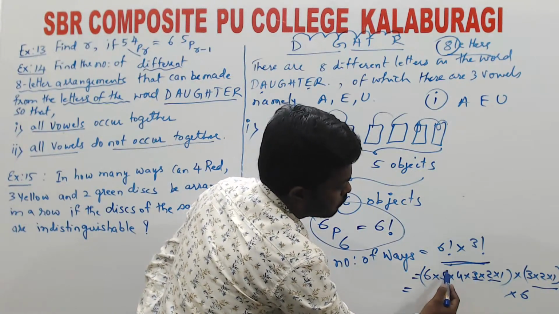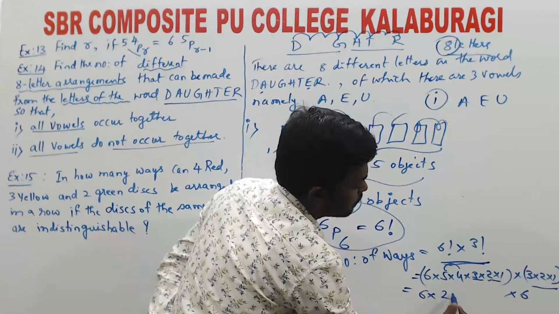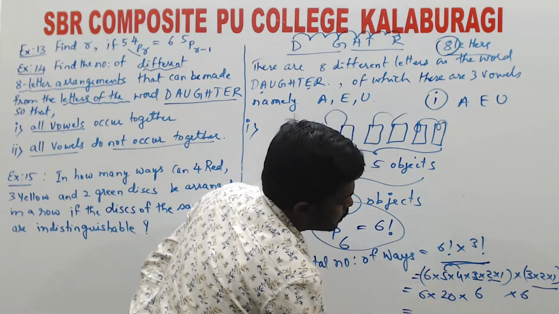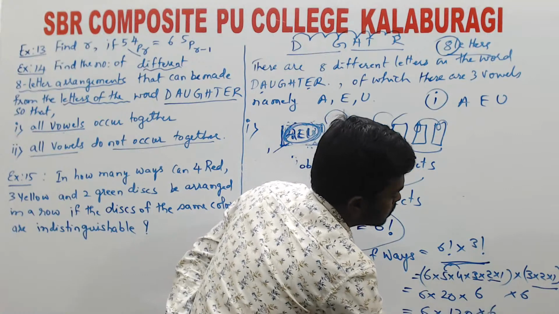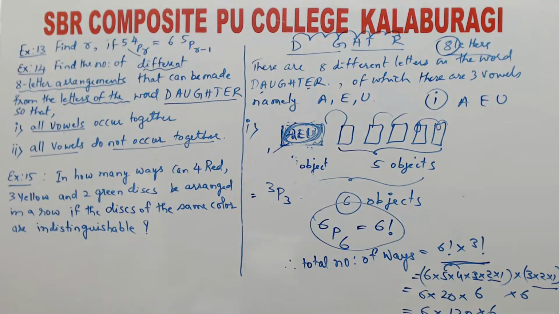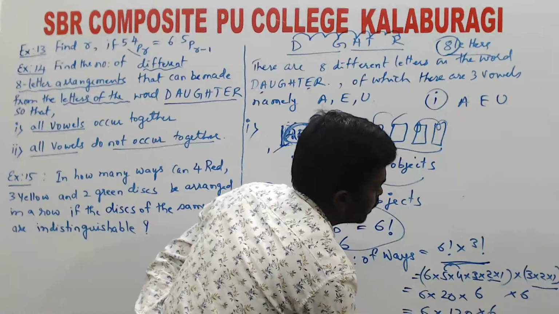So 5 fours are 20. 6 into 5 fours are 20 into 3 twos are 6, right? So 6 into 120 into 6. So simplify and see what will be the answer. The answer will be 4320. Okay, students, the answer will be 4320.